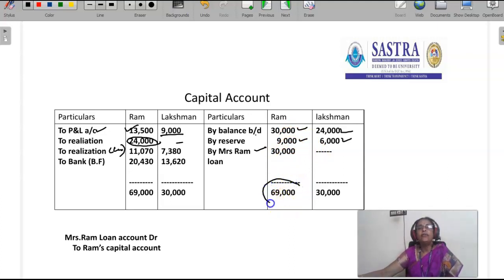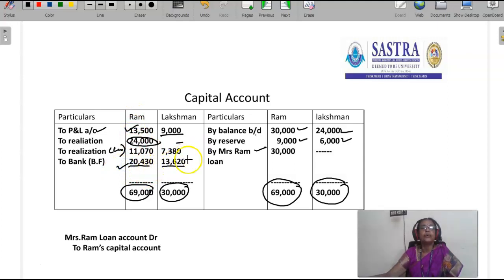The total of Ram's capital account is 69,000 and Lakshman's capital account is 30,000. Here we have 39,000 and 69,000, 30,000 total. Then if we deduct, we get the balancing figure of Ram's capital account as 20,430 and of Lakshman's capital account as 13,620. This is the amount which has to be settled by the firm.